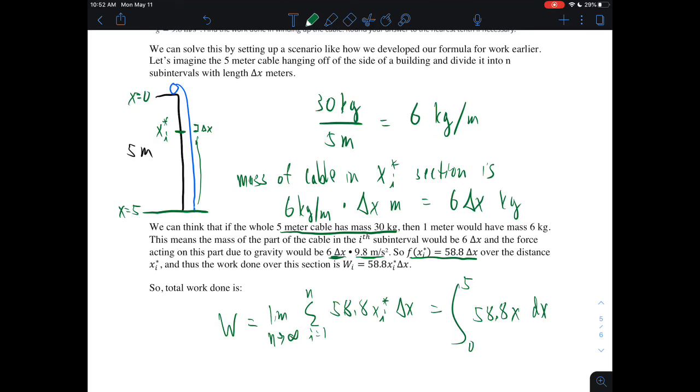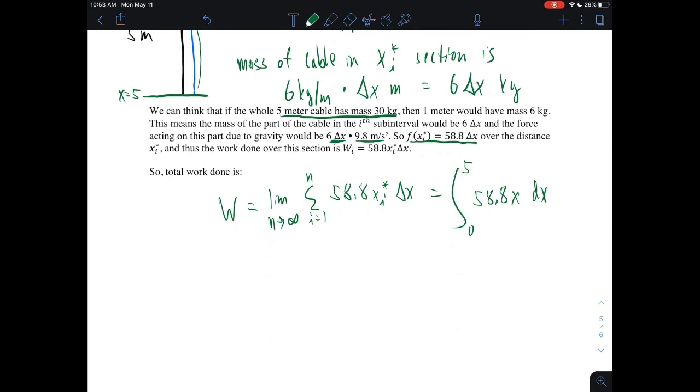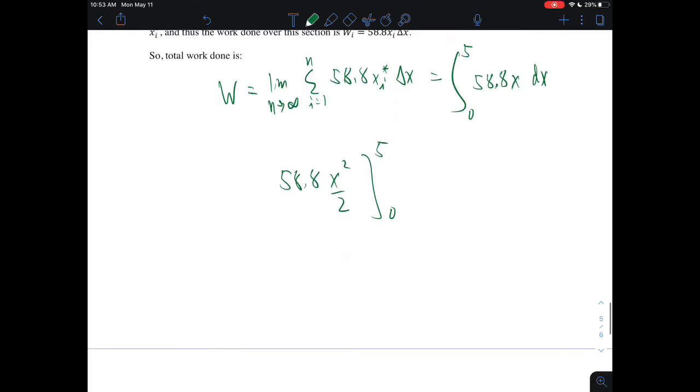So 6 times 9.8, where I had to split up the mass for just a 1 meter section. And then I'm integrating with respect to my variable in this case, which is x. So then the antiderivative of 58.8x is going to be 58.8 x squared over 2, and then I'm evaluating at 0 as the lower limit and 5 as the upper limit.